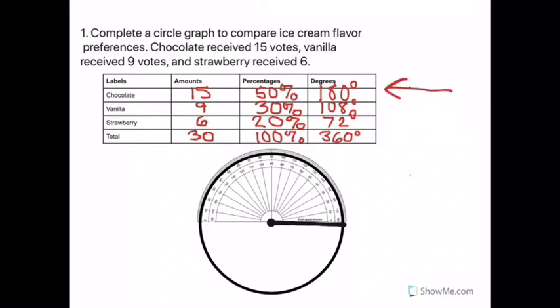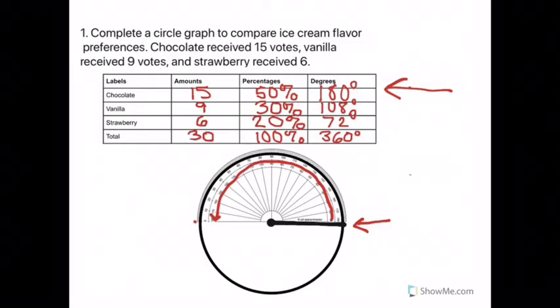my chocolate, and it is 180 degrees, so I need to mark that using my protractor. Since my starting radius is here, this is going to be where 0 starts. So I'm going to look at these inside numbers here as I go around to 180 degrees, which is the full arc of my protractor, and make a point there.